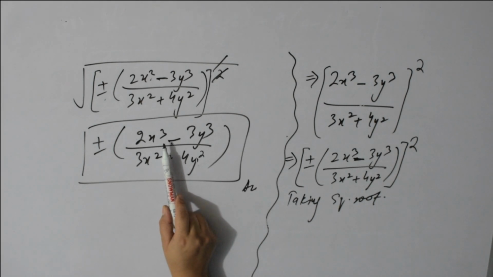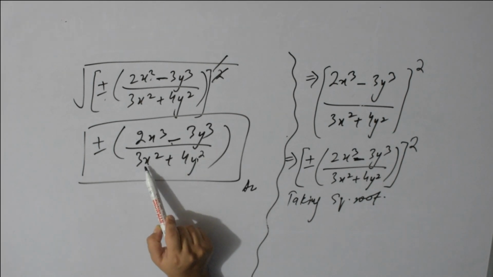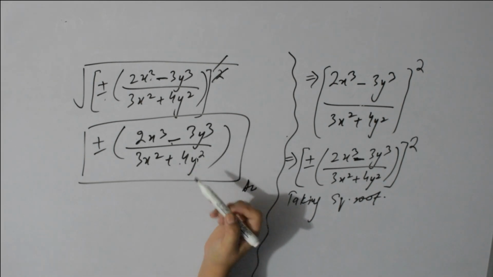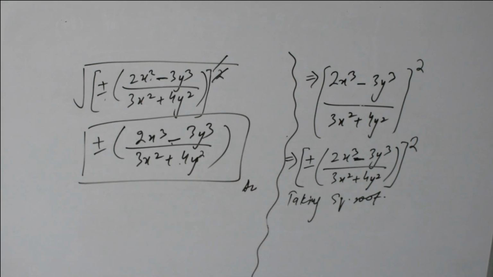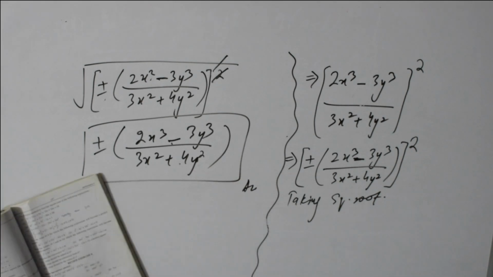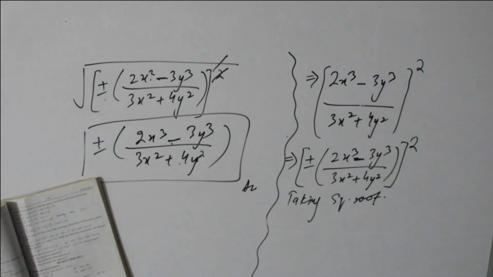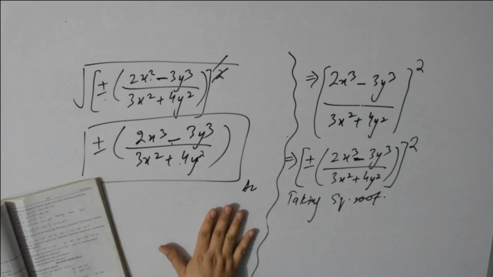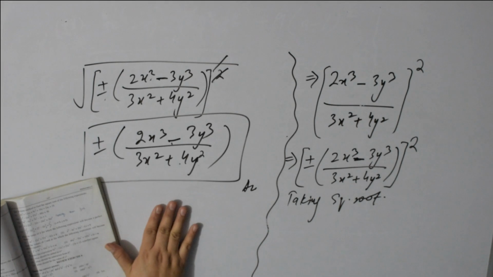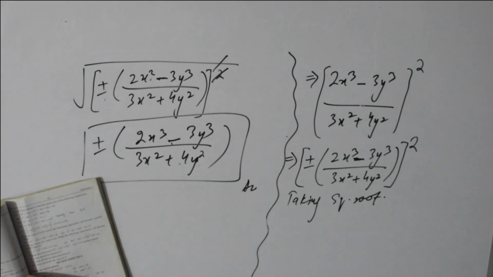So your answer is (2x³ minus 3y³) upon (3x² plus 4y²). This is your answer of the fifth part. In the numerator they have a negative sign. Okay, please do correct it if I wrote plus previously. Now it's fifth, yes, I have done fifth.